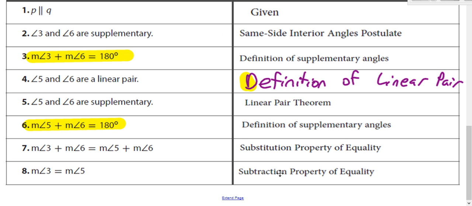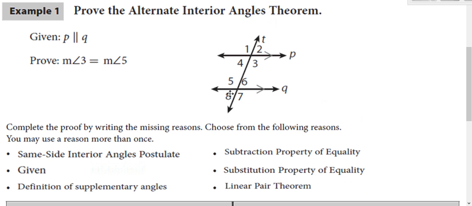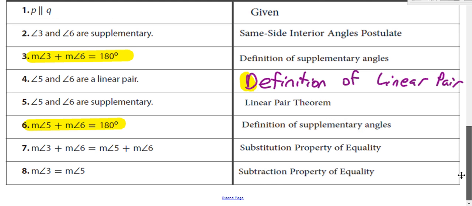Or you could just write subtraction if you don't want to write all the words. So we just showed that they are equal, and by looking at them, we can see that they are alternate interior, so we just proved the theorem, which is what we were supposed to go through right there.